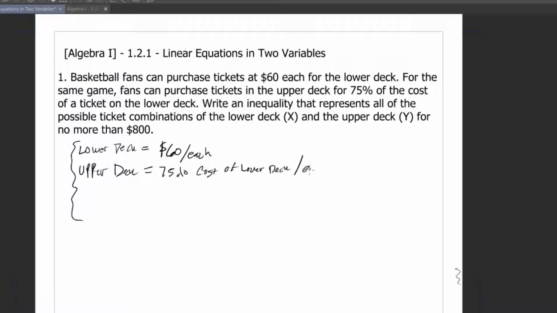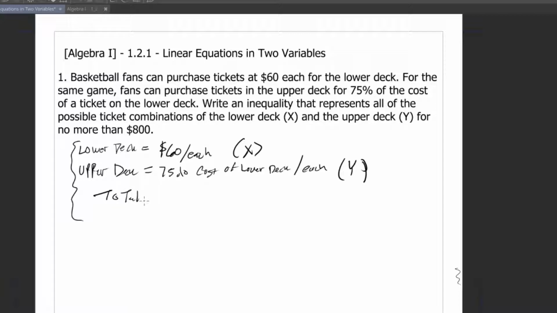And this is each, right, for each ticket. So write the inequality that represents all of the possible ticket combinations of the lower deck, which is represented by X, and then the upper deck, which is represented by Y. Okay? And total is no more than 800.